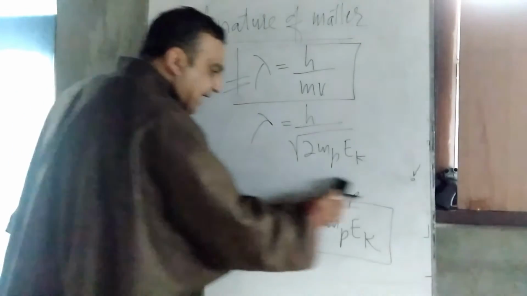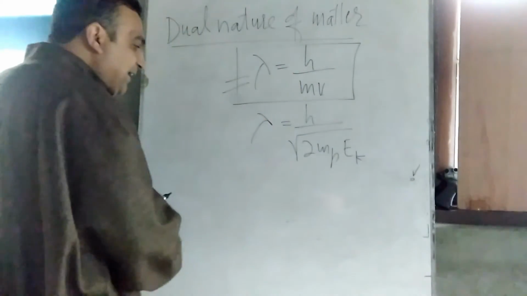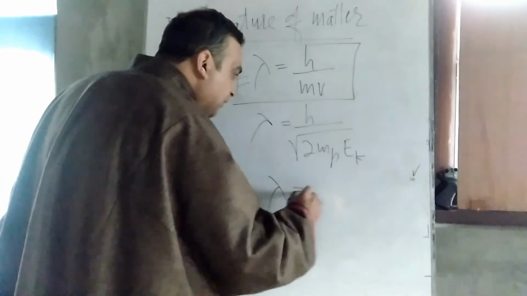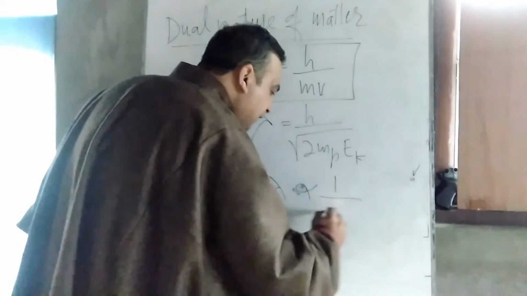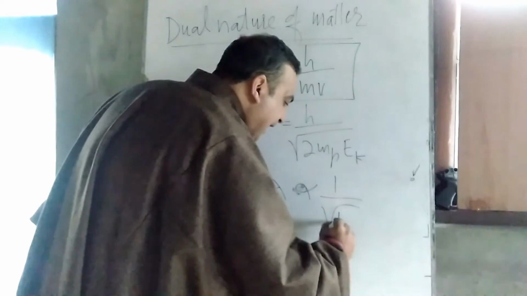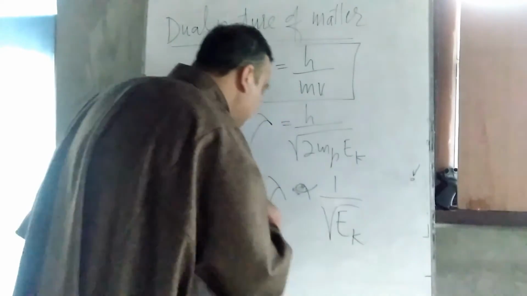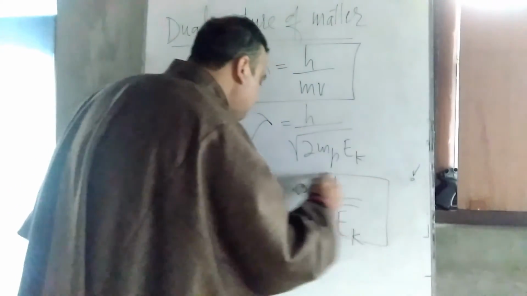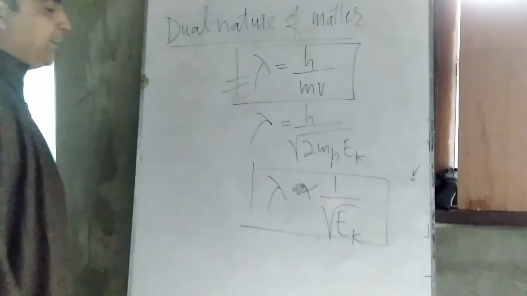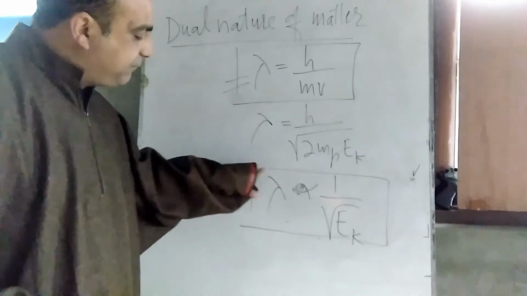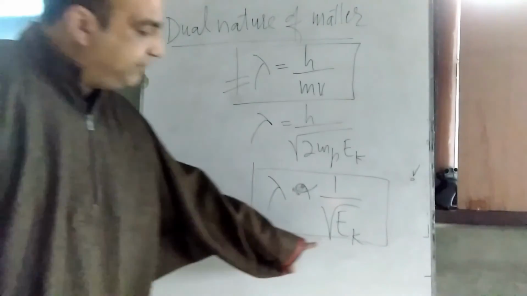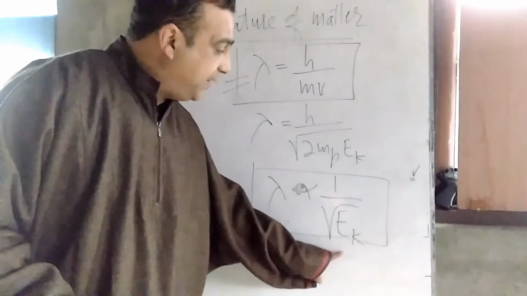That means this wavelength is inversely proportional to the root of the kinetic energy of this material particle. So this is the dependence of the wavelength of this material particle on its kinetic energy.